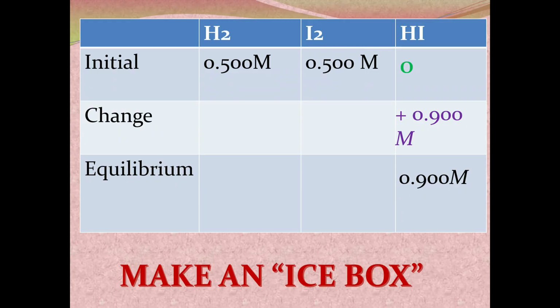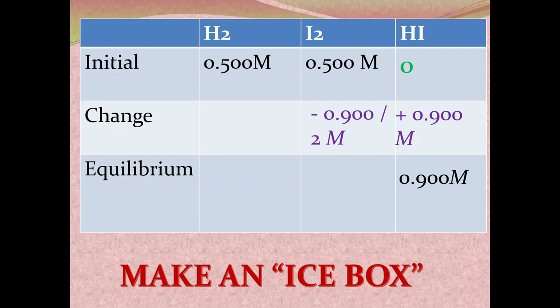So the amount of H2 that I lose to create HI, the amount of I2 that I lose to make HI, is not 0.9, because one H2 and one I2 make 2 HIs. So I have to take the stoichiometry into account. So I divide by the stoichiometric coefficient.